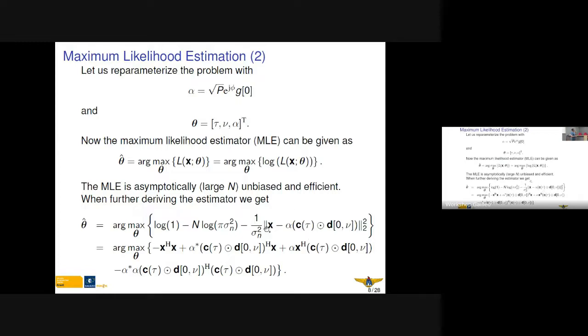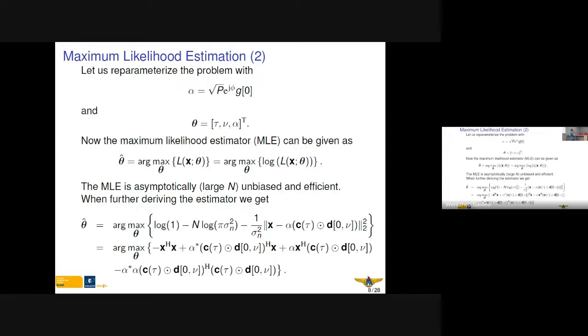And then when we expand this L2 norm square, we get minus x Hermitian x plus alpha conjugate C of tau Hadamard d0 of nu Hermitian x plus alpha x Hermitian times C tau Hadamard d0 nu. And then the last term is minus alpha conjugate alpha C Hadamard d Hermitian times C Hadamard d.